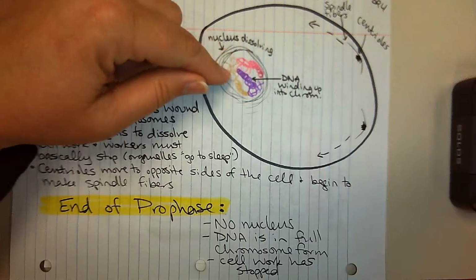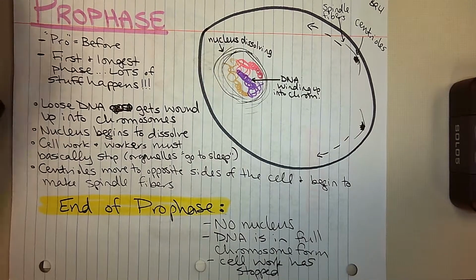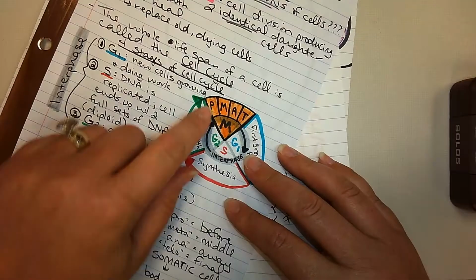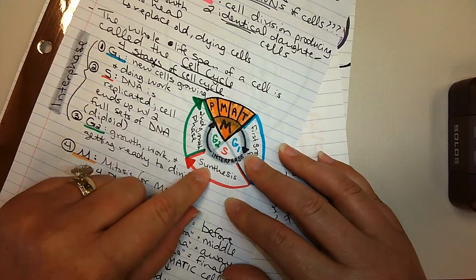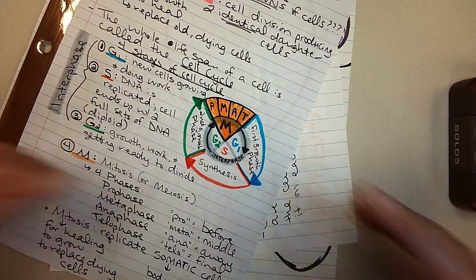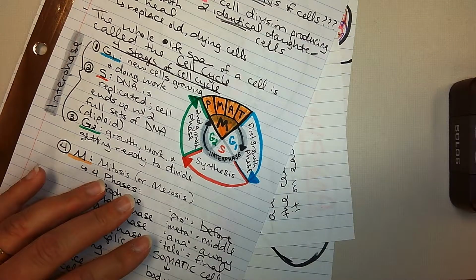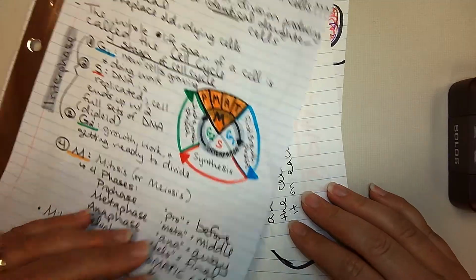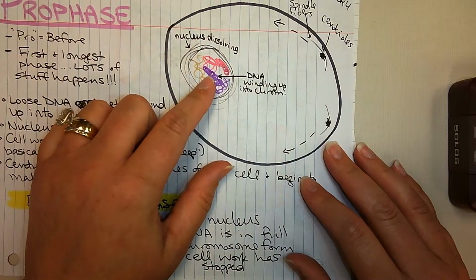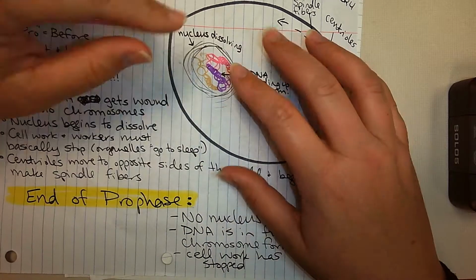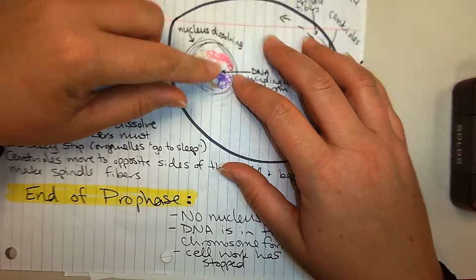And by the time it's replicated, because remember, right now we're right here, we've already replicated that 9 feet of DNA, so now we probably have like 18 feet of DNA inside this extremely microscopic nucleus. So that's a lot of DNA.